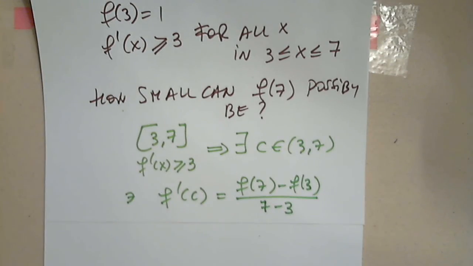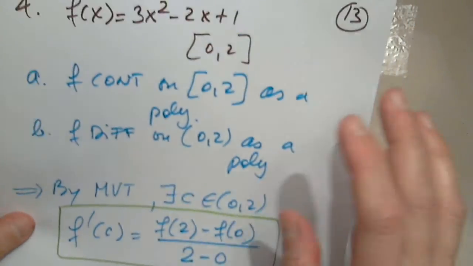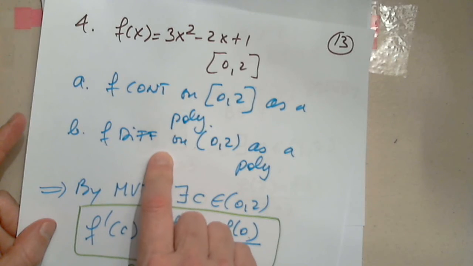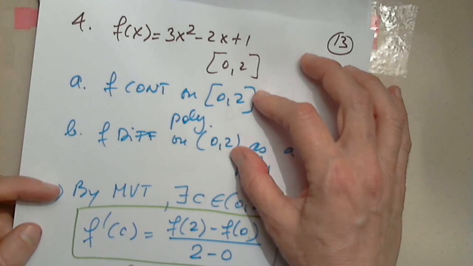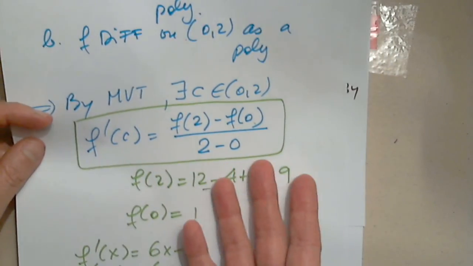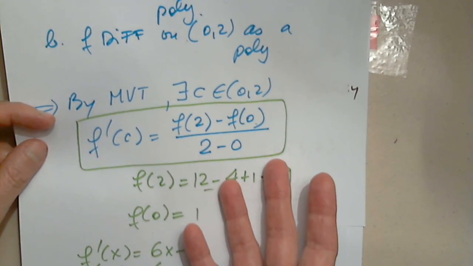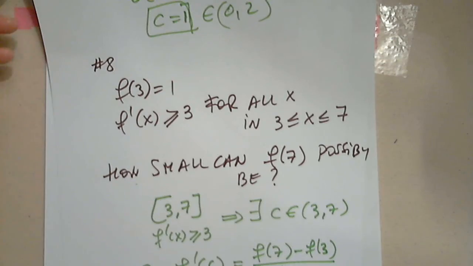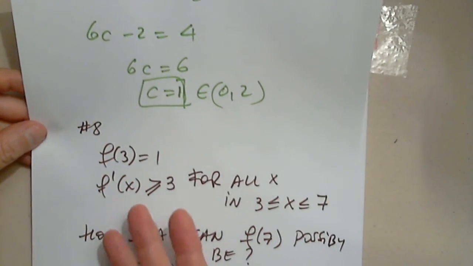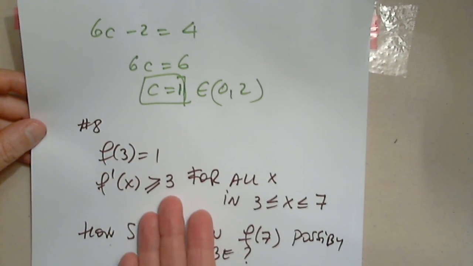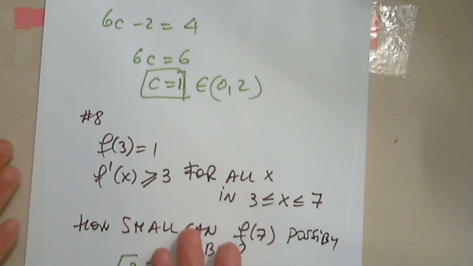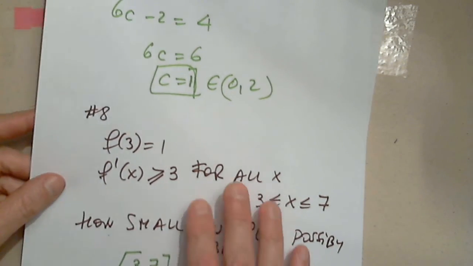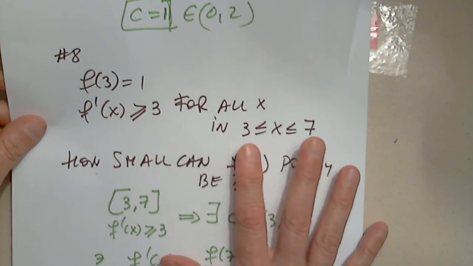For any function, let's stop for a moment. For any function that is continuous and differentiable on a particular interval, I can always write this for that interval. And that's what I did. So I'm told that this function is differentiable, so it must be continuous for all x in this interval.